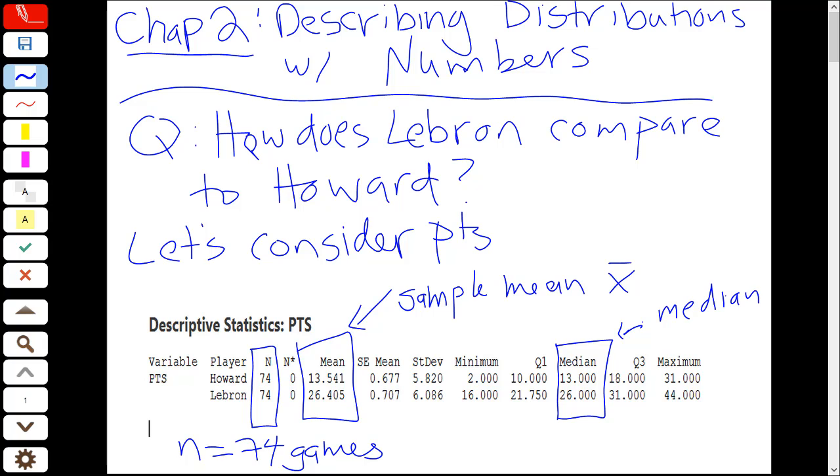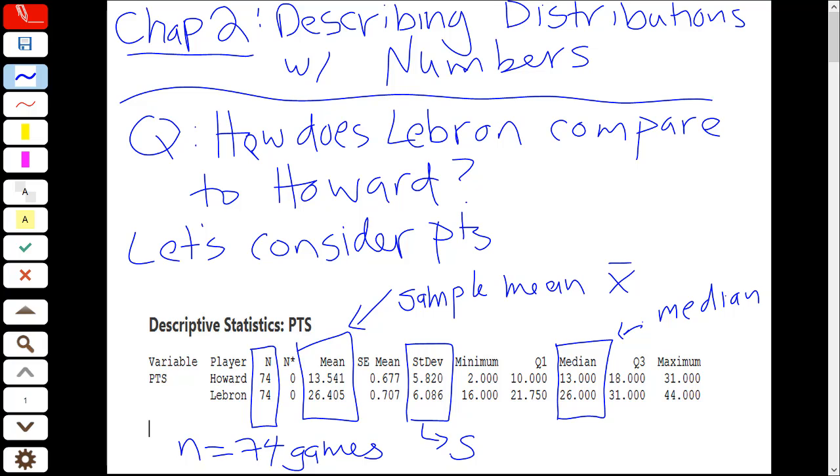Another critical piece of information that we're going to consider today is standard deviation. This is going to give us a sense of, on average, how far the players deviated from the mean. I will show you detailed calculations coming up, but for now, just think of this as deviation from the mean. We are going to label this lowercase s.